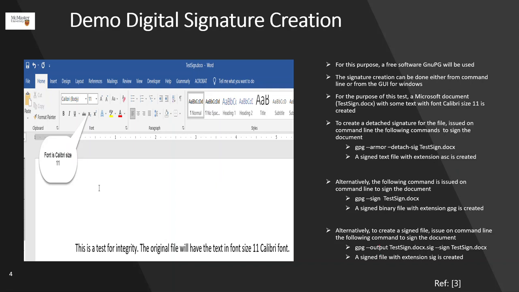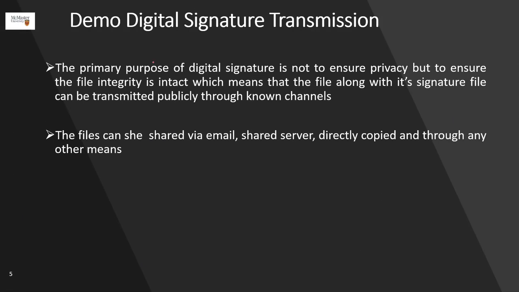And after that, I sent the document, but in this case, being that it's a simulated environment, I actually worked on it myself. So the file can actually be sent via email, because you are not necessarily talking about confidentiality of the document when dealing with digital signatures, but you're only dealing with the integrity of the document, so it can be shared publicly.